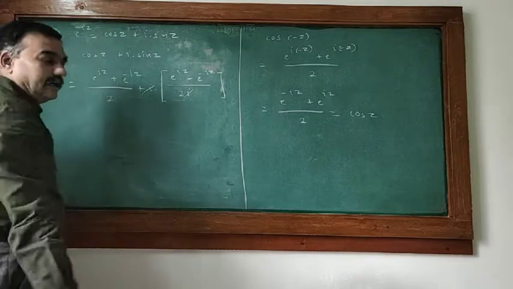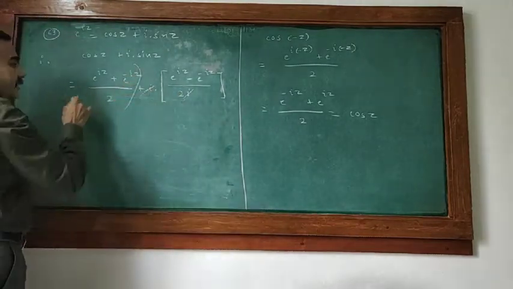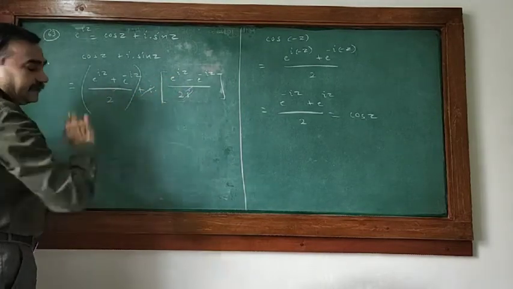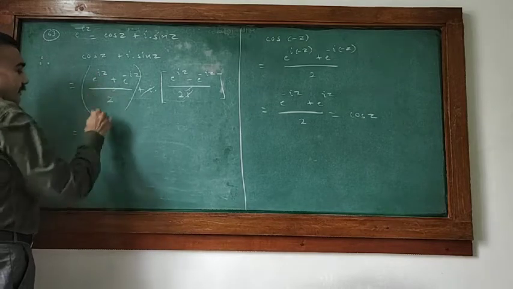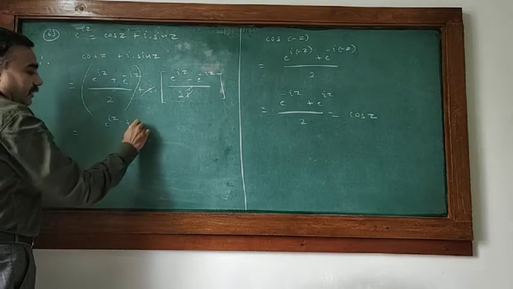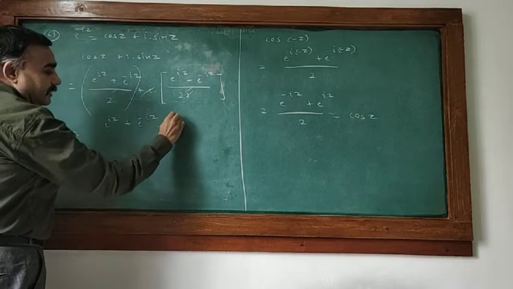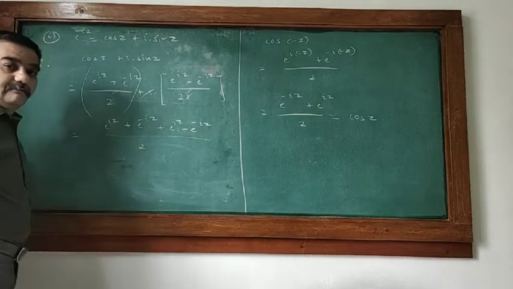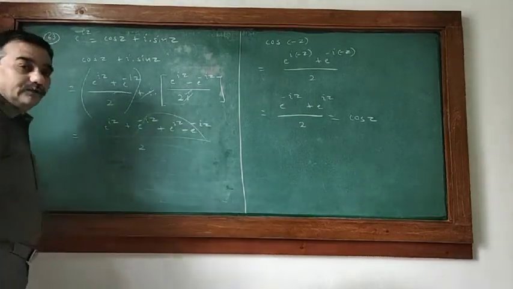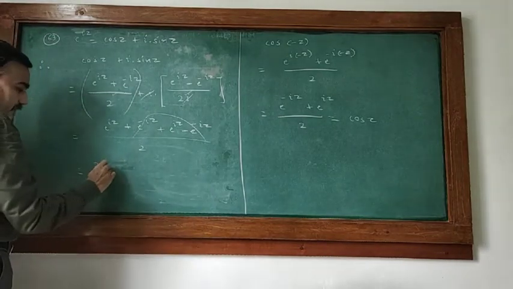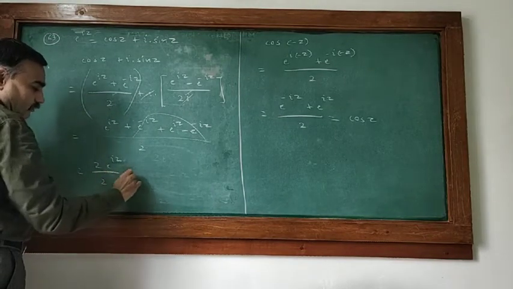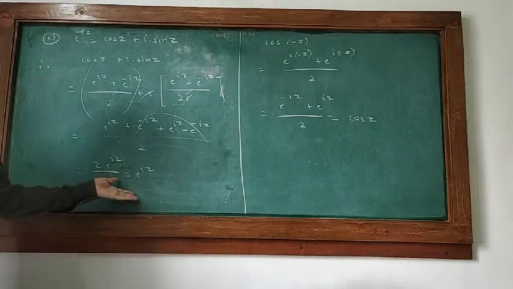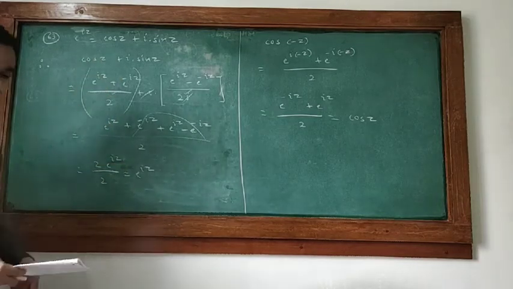Now we may cancel out this i, and add both these terms as they have the same denominator. So it is e raised to iz plus e raised to minus iz plus e raised to iz minus e raised to minus iz, and all these divided by 2. So these terms mutually cancel, and therefore it is 2 times e raised to iz divided by 2, which is e raised to iz, and this is the Euler formula.